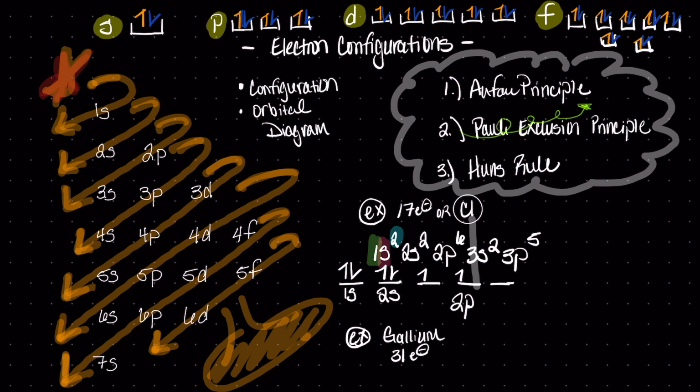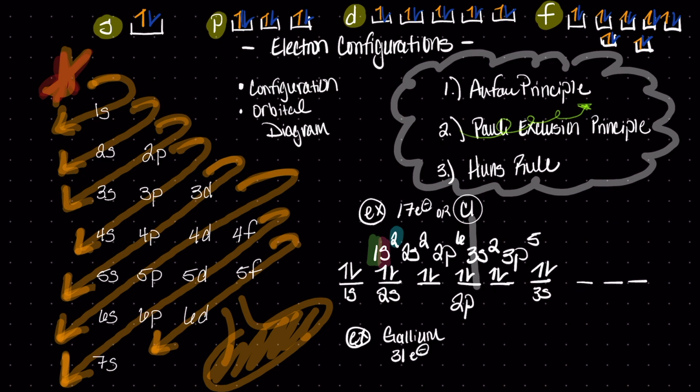So 1, 2, 3, 4, 5, 6. I've labeled them as such. I recommend you label them so you can keep track of where you are and what you're doing. Then you come over here to 3s and give it 2. But notice how we're filling them. We're filling the floor, quote unquote, before we fill each room.